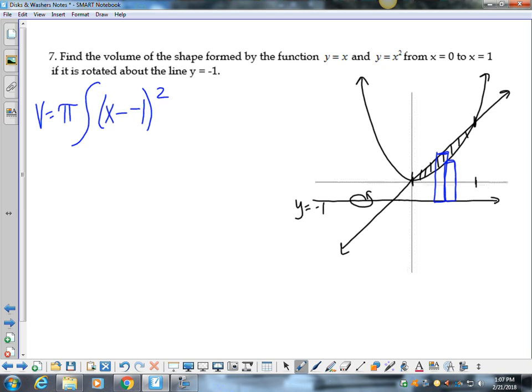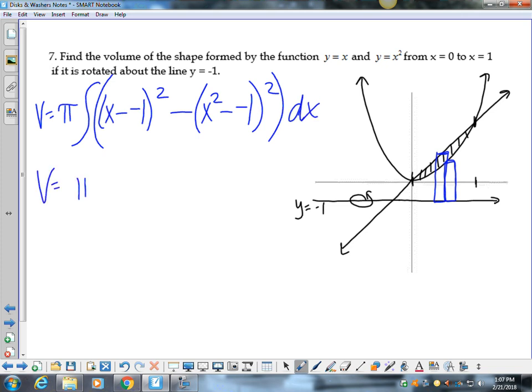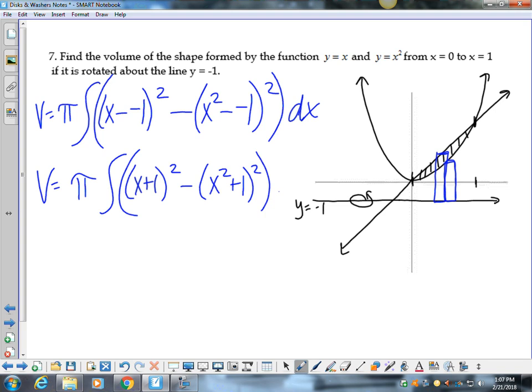And then minus, because now I got to take the hole out, the bottom function, which is x squared minus a -1. Okay, you have to distribute this, and you have a negative which you need to run through.